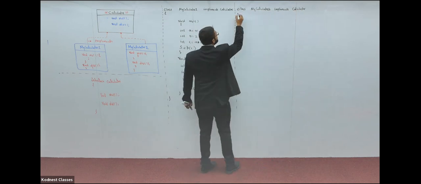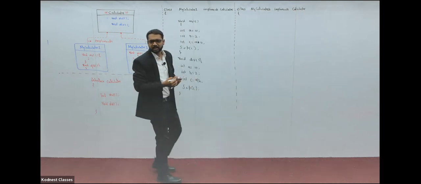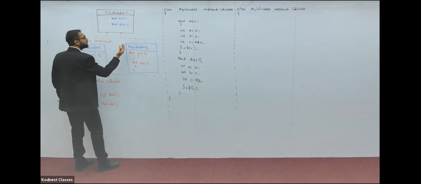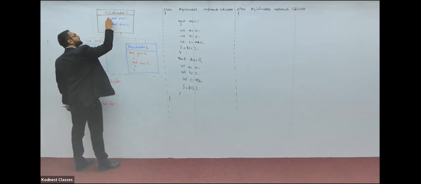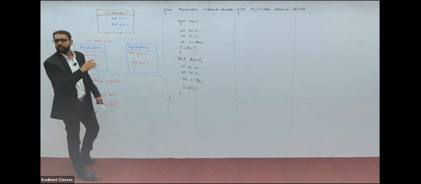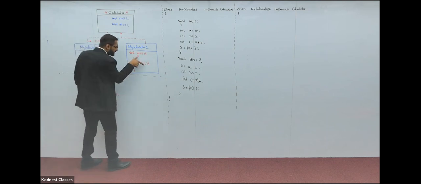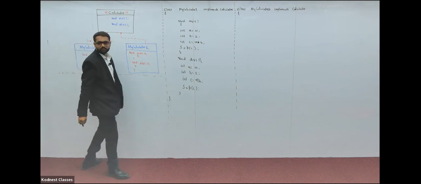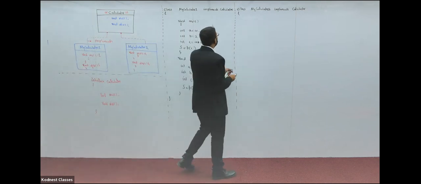Now, as soon as I tell MyCalculator2 implements Calculator, it is promising to give the body to all the methods present in Calculator. Both the methods will come and sit here. I am forced to give body now. No other option I have.